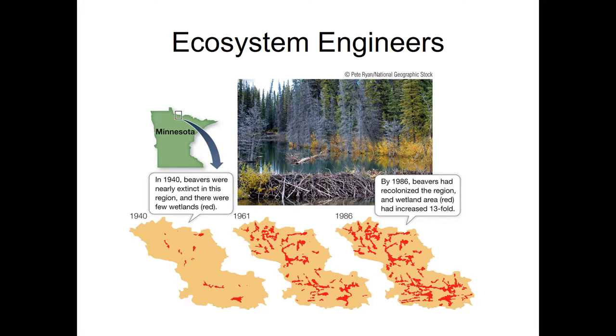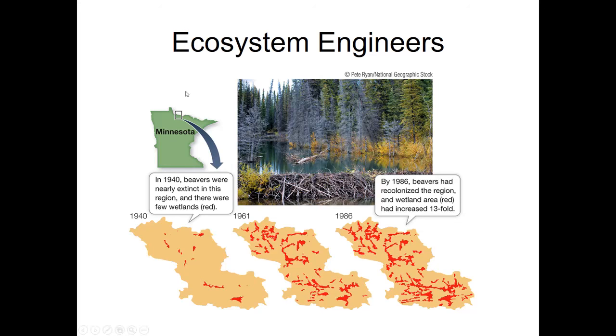And the classic example is beavers. Beavers cut down trees and build dams. I think we all know this. And when they do that, they create a pond and a wetland that wasn't there before. This wetland provides habitat for species that would otherwise not be able to live in that area. And so we have an enormous increase.